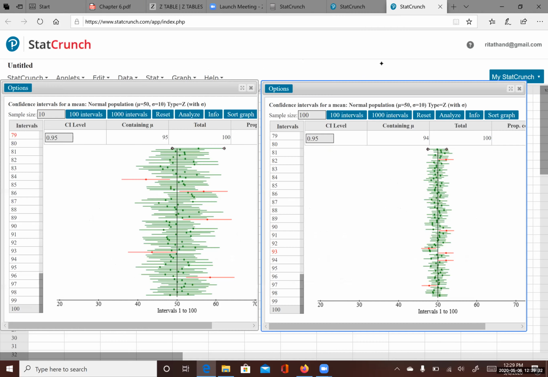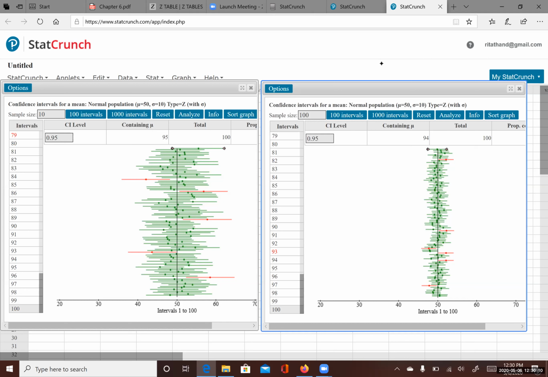Those are the two points that I want to point out here. One, the level of confidence is about the probability of your confidence interval capturing the population mean, assuming that you will be taking a large number of samples. Second, the width of your confidence interval will decrease if you increase the sample size.